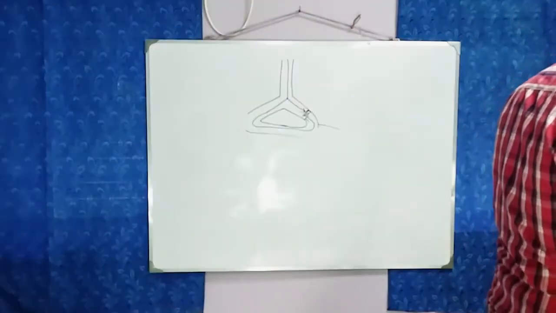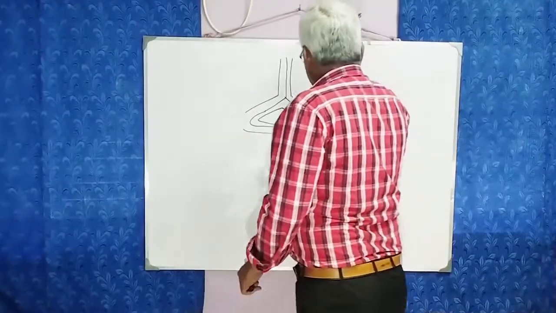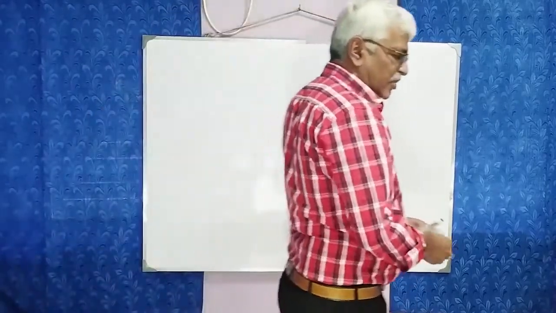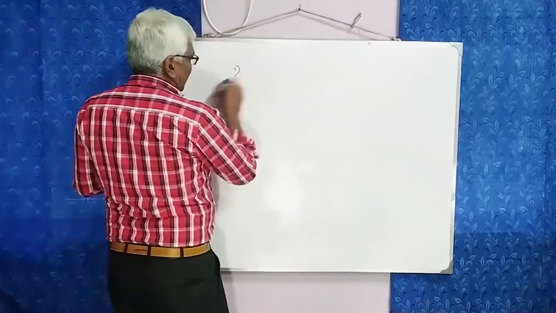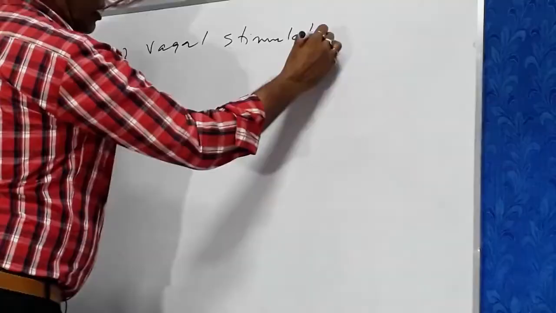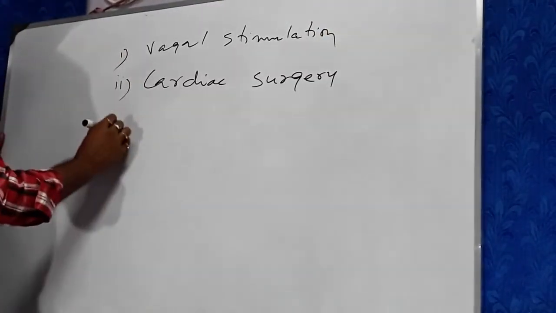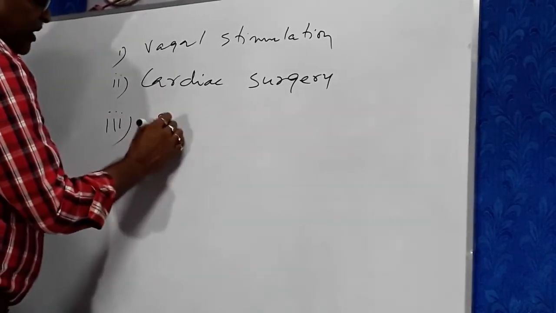Different drugs, I will not talk about the different drugs now, I will only say the different mechanisms I mentioned just earlier by which cardiac arrhythmias can be tackled. Number one, vagal stimulation. Number two, cardiac surgery. Number three, pacemaker.